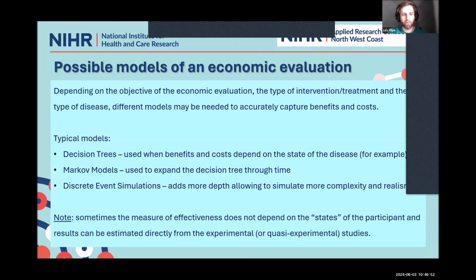I'll tell you a little bit more about each one of them in the next slides, but those are the three types of things you are probably going to find in economic evaluations, either a decision tree, a Markov model, or a discrete event simulation. Of course, if it is just a simple outcome within trial evaluation, maybe you won't find any of those because the ICER will be very straightforward and will come directly from the experimental method, which can be an RCT, a randomized controlled trial, or from some quasi-experimental method.